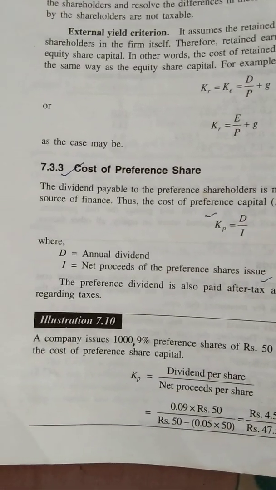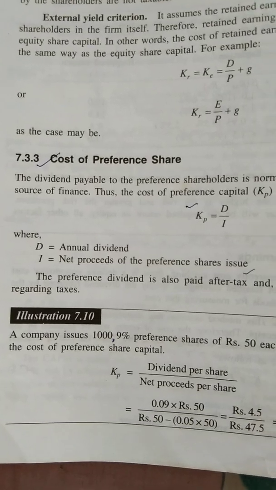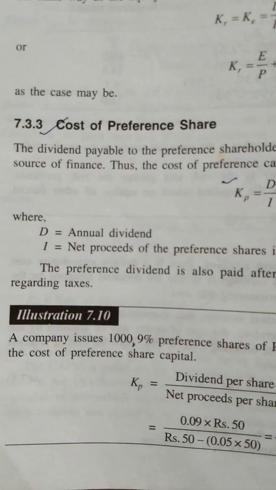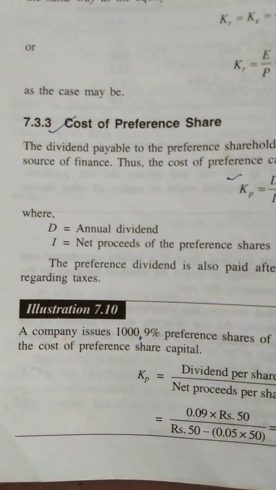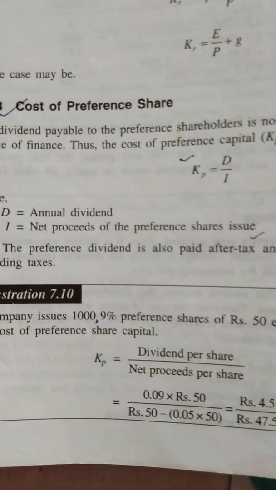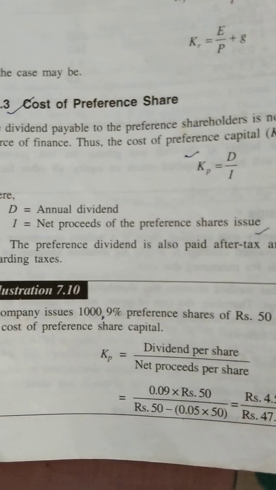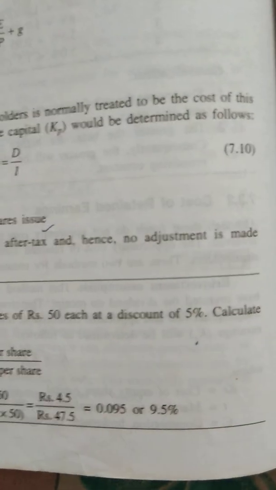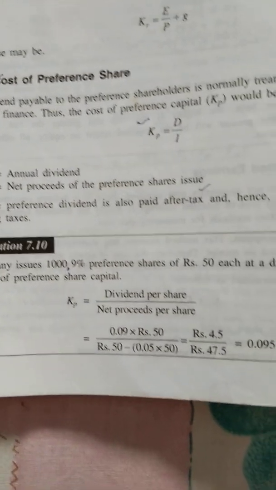In case of irredeemable, the formula is Kp equal to D by I. D indicates the dividend on preference shares or annual dividend, and I indicates the net proceeds of the preference shares issued. And there is no question of tax, as the preference dividend is also paid after tax. Hence, no adjustment is required regarding taxes.